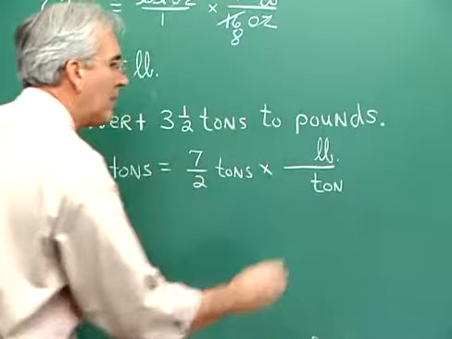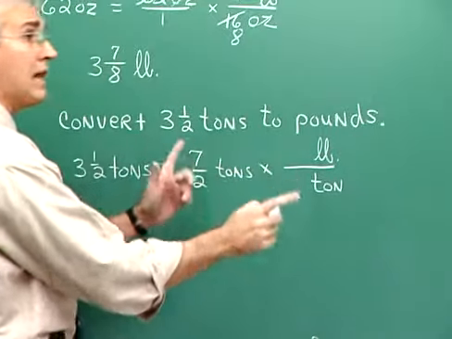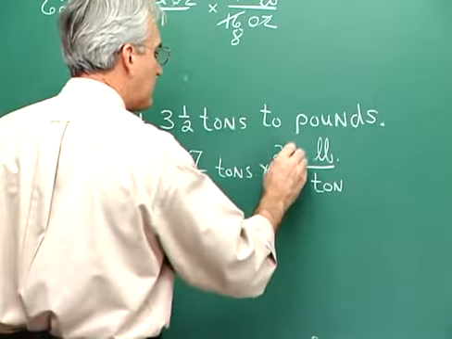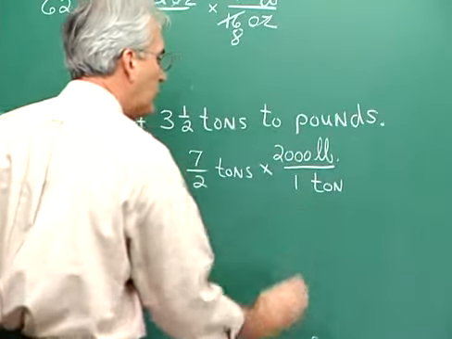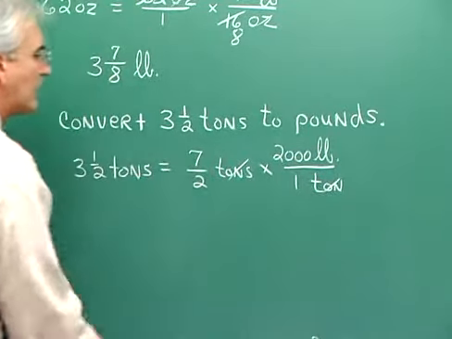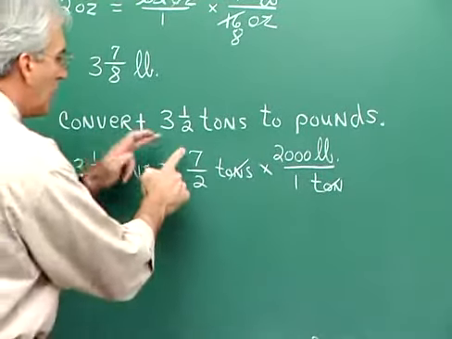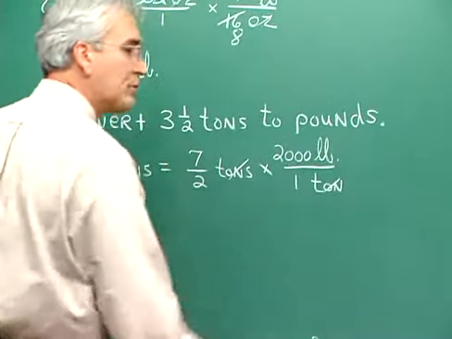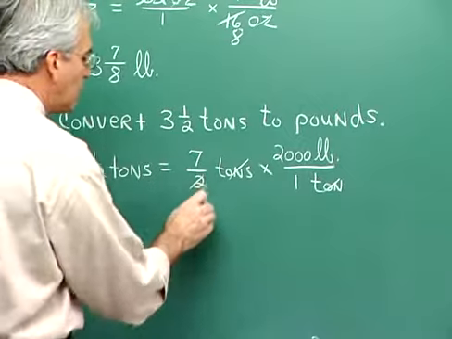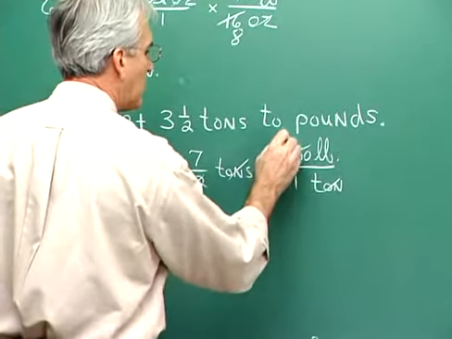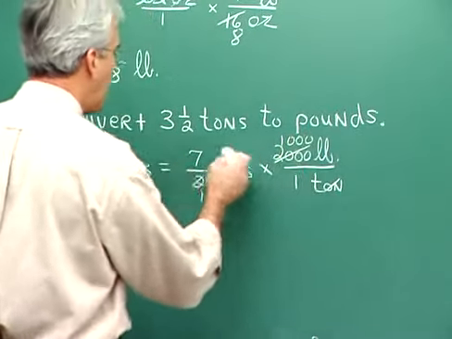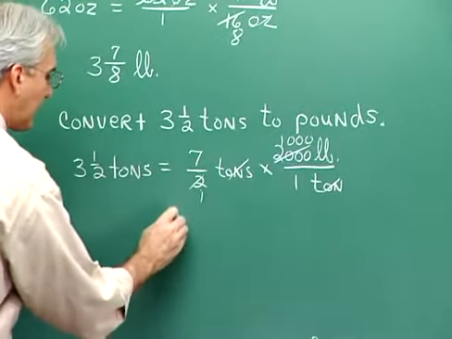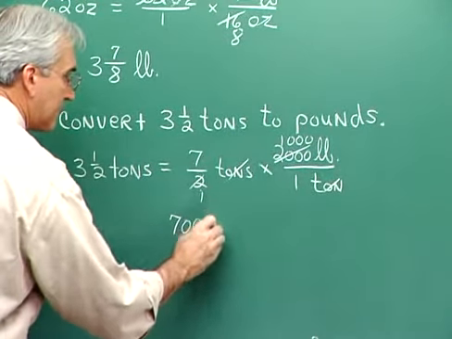And now, how many pounds are in a ton? It was 2,000 pounds in a ton. So this is 2,000 pounds for 1 ton. The ton units cancel here, and now we're multiplying 7/2 times 2,000, and we're going to retain this pound unit. Well, 2 into 2 goes 1, 2 into 2,000 goes 1,000, and now 7 times 1,000 is 7,000 pounds.